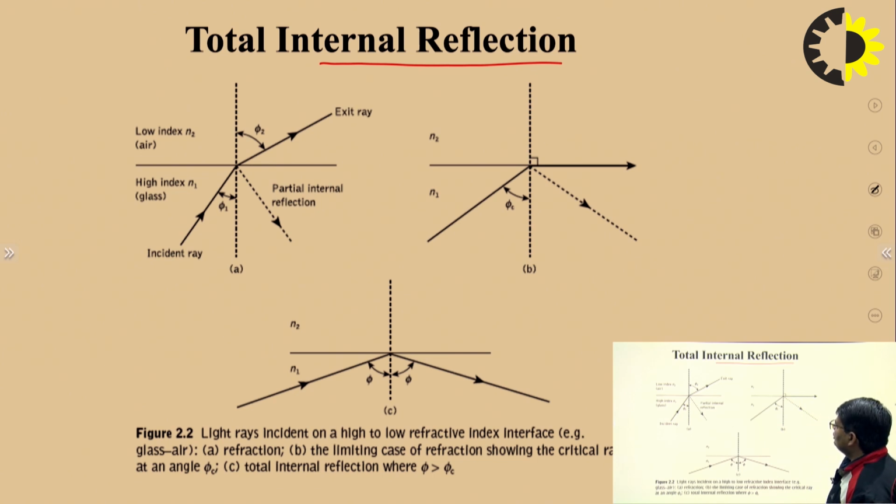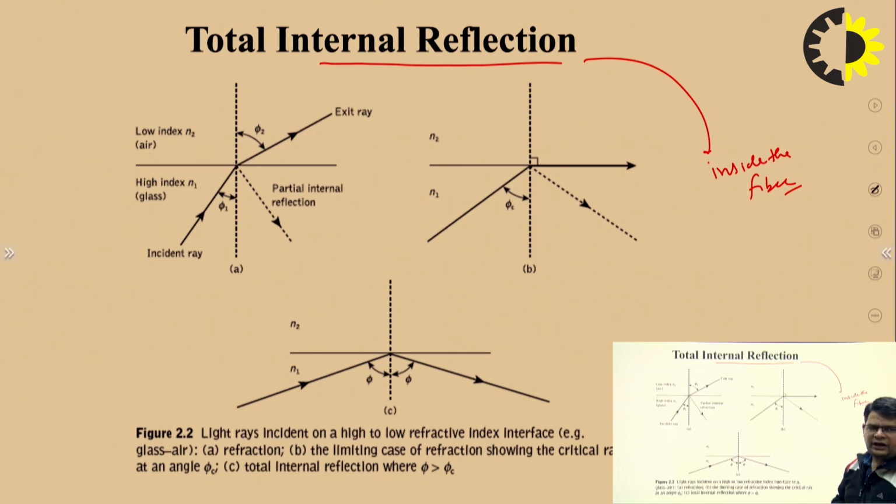As discussed in the structure, this TIR takes place inside the fiber, and inside the fiber we know that there are two layers. One is core, another is cladding.